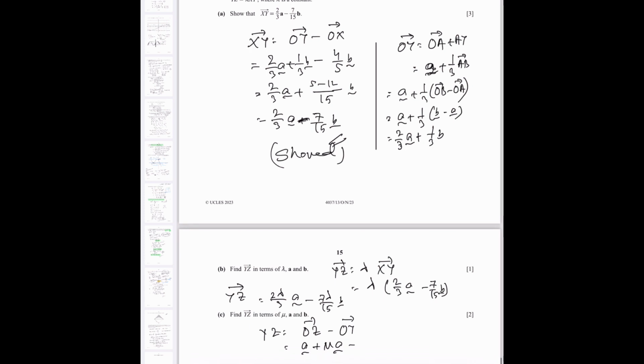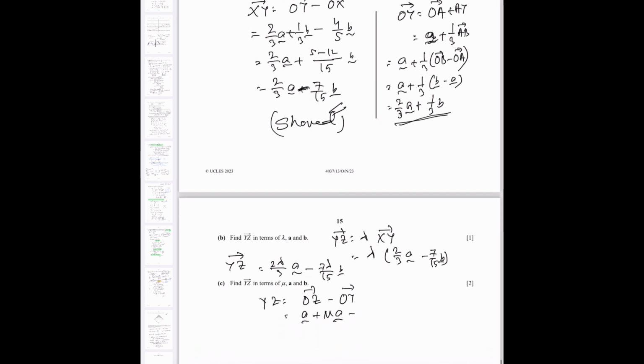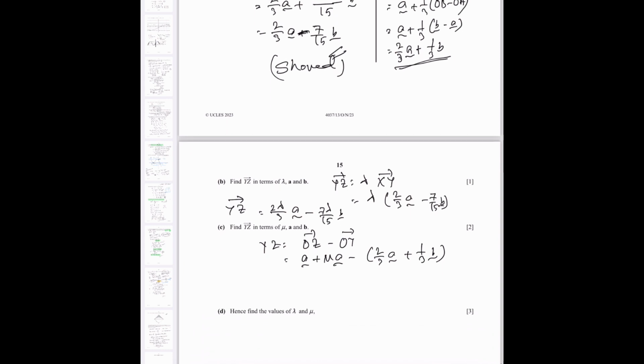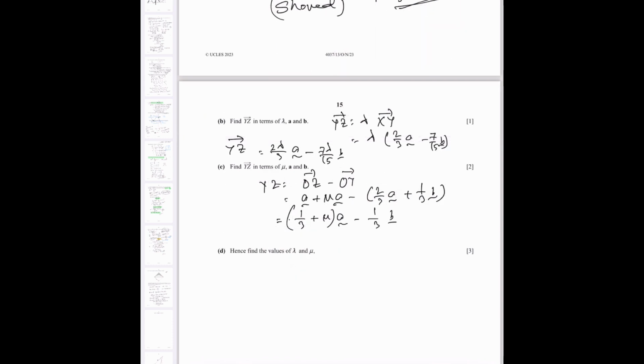OY is, I have got these things here, 2 by 3 a plus 1 by 3 b. Now simplify this. 1 minus 2 by 3 is 1 by 3, then plus mu a, then minus 1 by 3 b. Those are the two values of YZ.